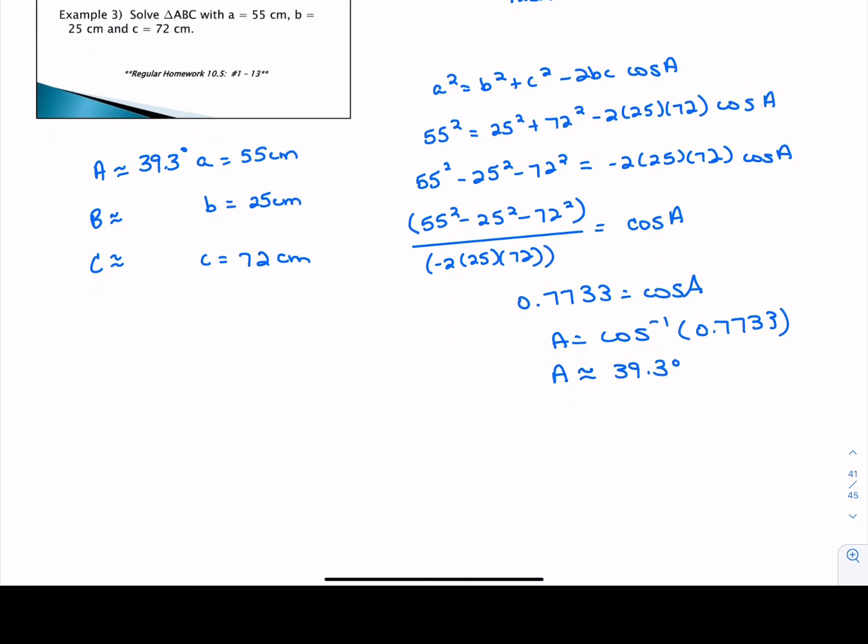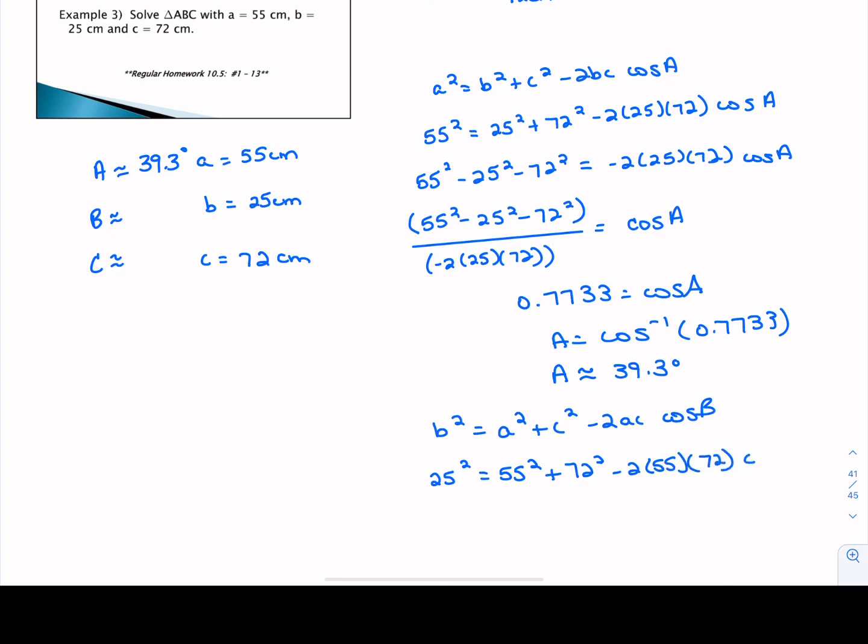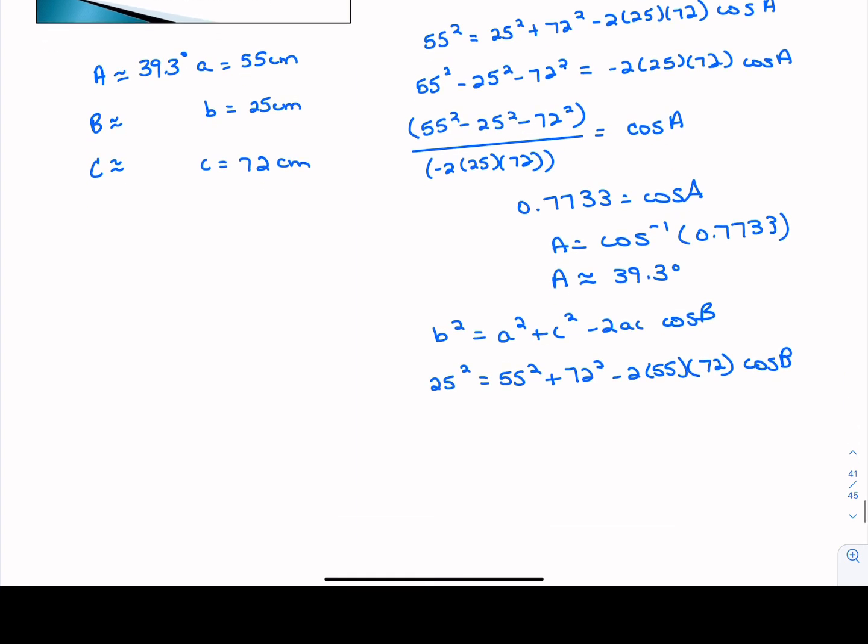So we can fill that into our chart, knowing that we now only have 2 more angles to complete. So if we want to find angle B, the version of our cosine law must start with b squared. So b squared will equal a squared plus c squared minus 2ac times cosine of angle B. So now we make those substitutions carefully. So 25 squared will equal 55 squared plus 72 squared minus 2 times 55 times 72 multiplied by cosine of B. So again, this is just about manipulating your formula.